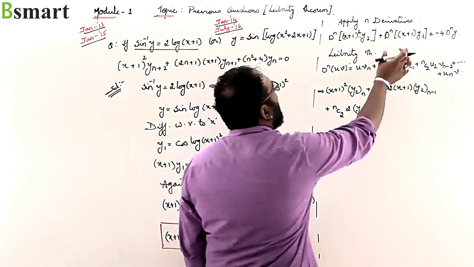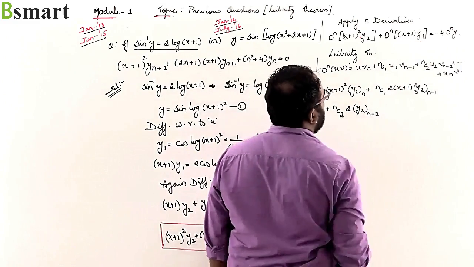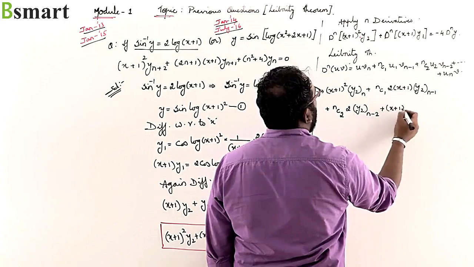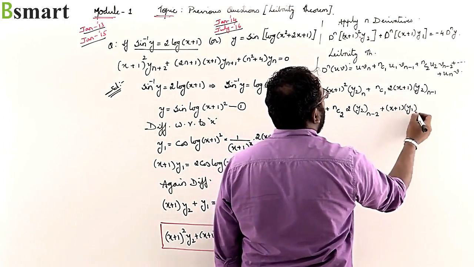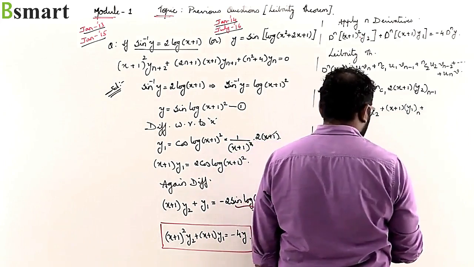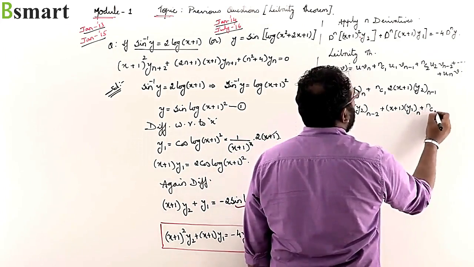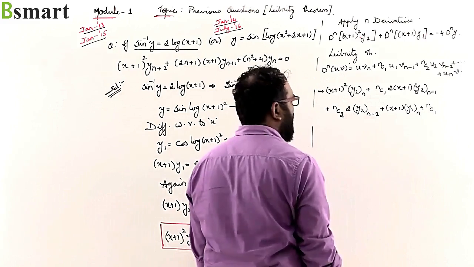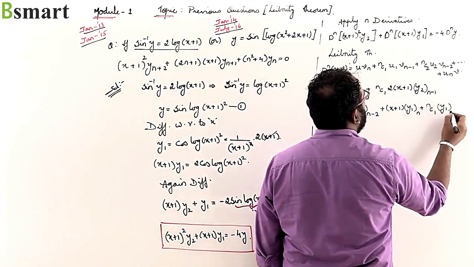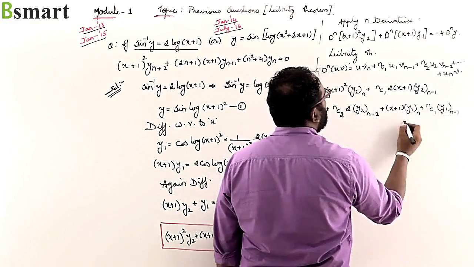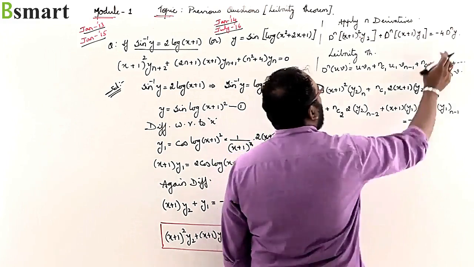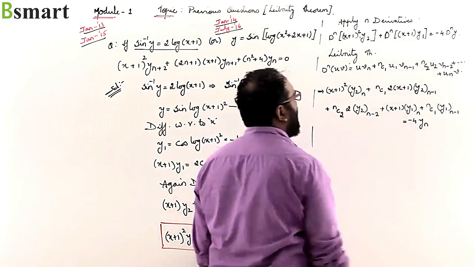Now again apply Leibniz theorem for this term: plus (x plus 1) into the nth derivative of y1, plus nC1 into the derivative of (x plus 1), which is 1, and the (n minus 1)th derivative of y1, is equal to minus 4 into the nth derivative of y, which is yn.